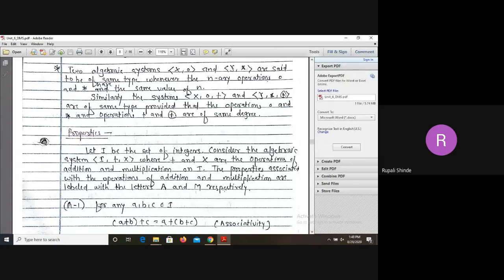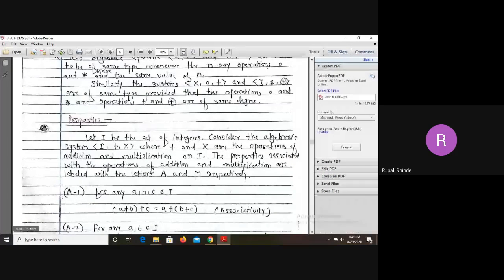So whatever properties are associated with addition are denoted by capital A, and those associated with multiplication are written with capital M. So here we have to define those properties.